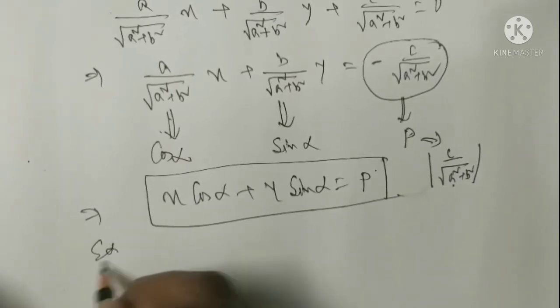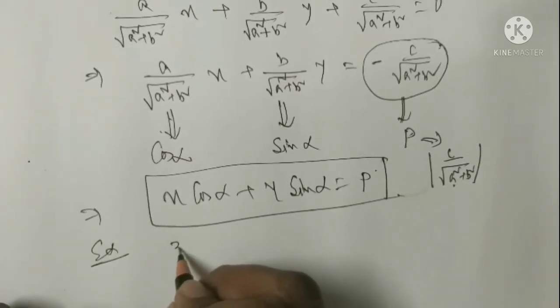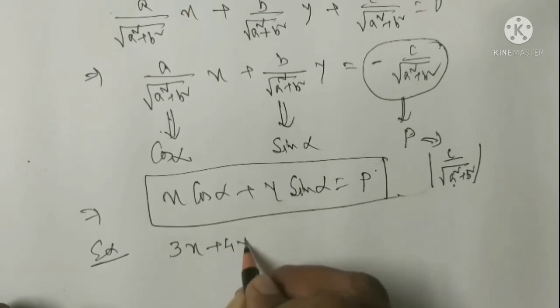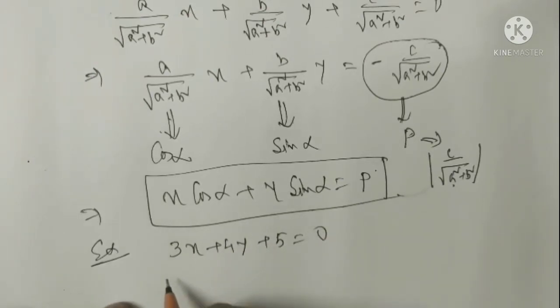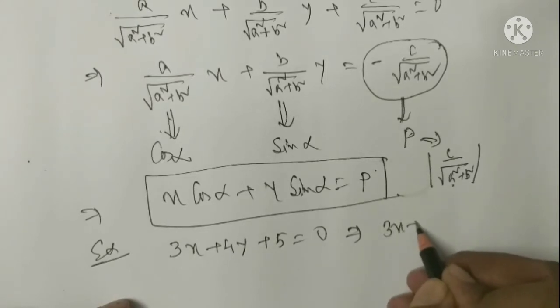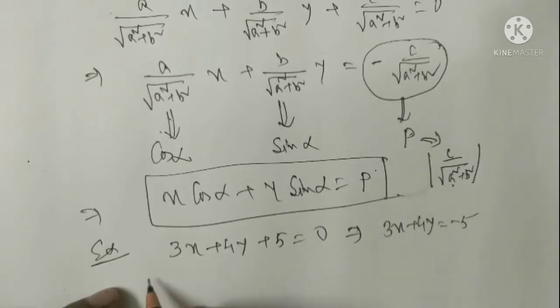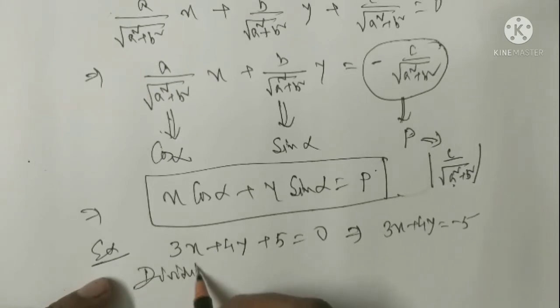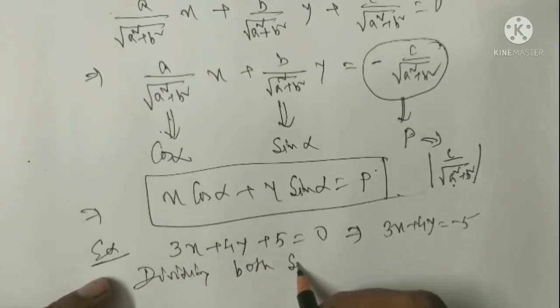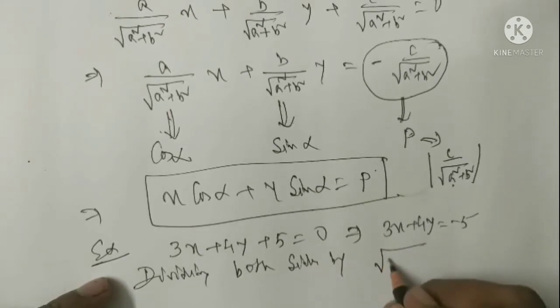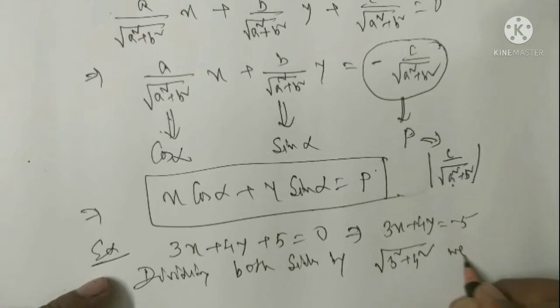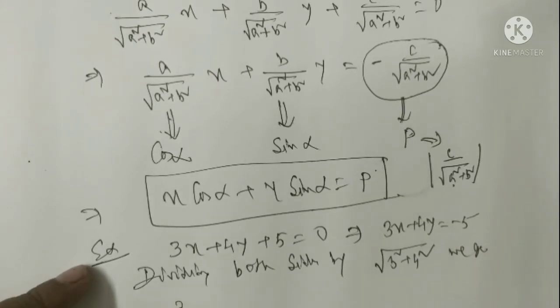The same problem can be transferred to this example: 3x plus 4y plus 5 equals 0. We write 3x plus 4y equals minus 5, and dividing both sides by root over 3 square plus 4 square, we get 3 by root over 3 square plus 4 square x plus 4 by root over 3 square plus 4 square y equals minus 5 by root over 3 square plus 4 square.